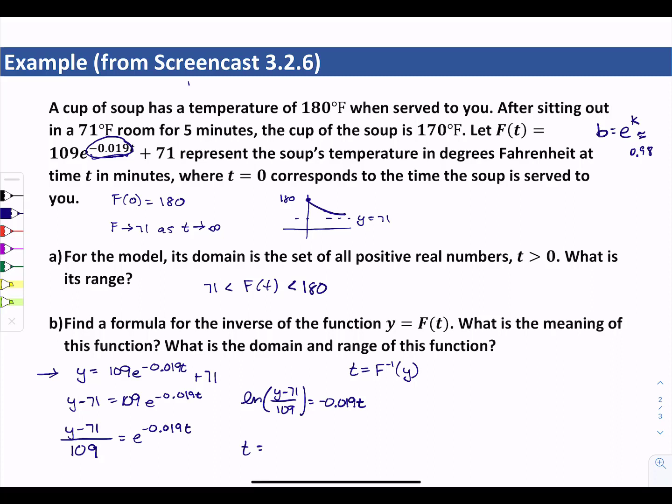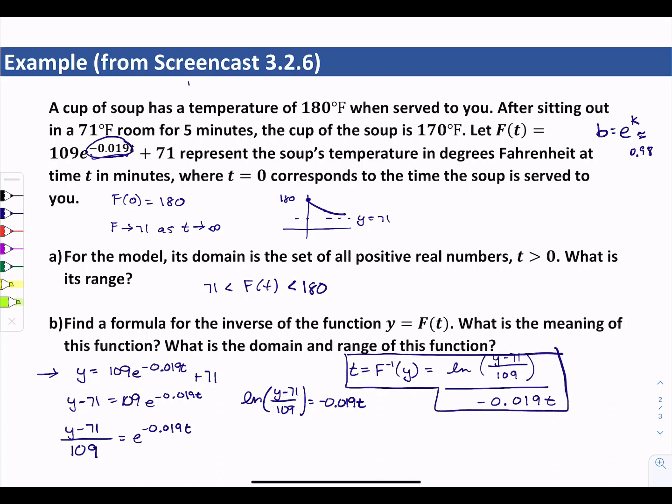So t equals, which is also f inverse of y, so I think I'll write it over here, the natural log of the quantity y minus 71 over 109, and all of that divided by negative 0.019. So that is our inverse function.